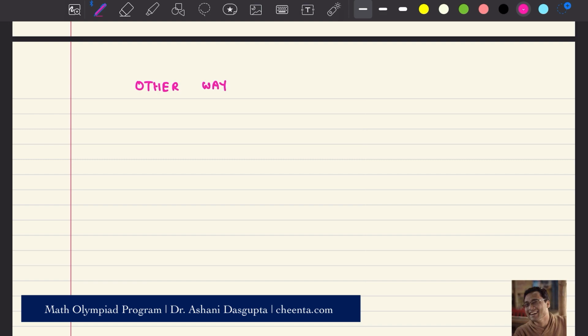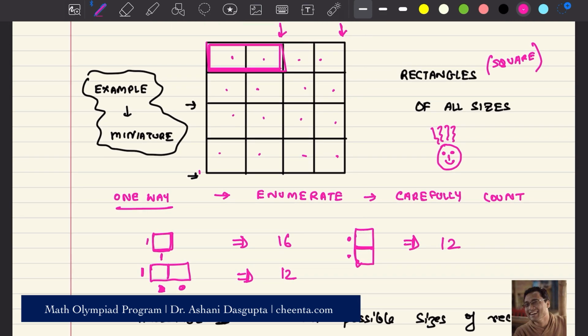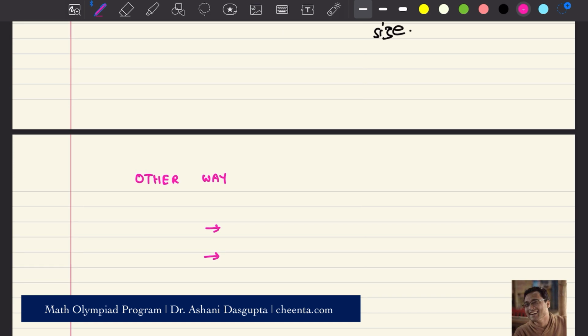So choose 2 horizontal lines. There are 5 of them: 1, 2, 3, 4, 5. So out of the 5, choose 2 horizontal lines and then choose 2 vertical lines. Okay? Choose 2 vertical lines, and the order doesn't matter.